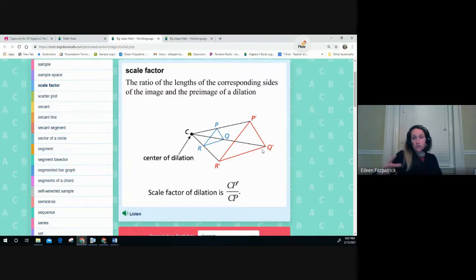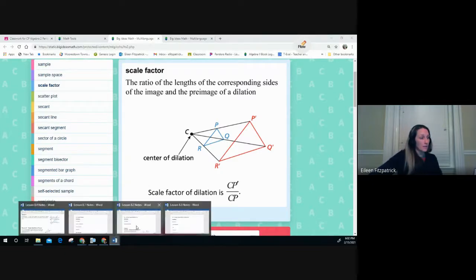The triangle is larger and it moved away from the center of dilation. And hopefully we remember what that means about what we can kind of guess about the scale factor, the actual value of it. All right. To figure out the scale factor, you're going to put the image over the pre-image. I'll talk more about that as we jump into the notes. Okay. So that is it for our vocabulary.